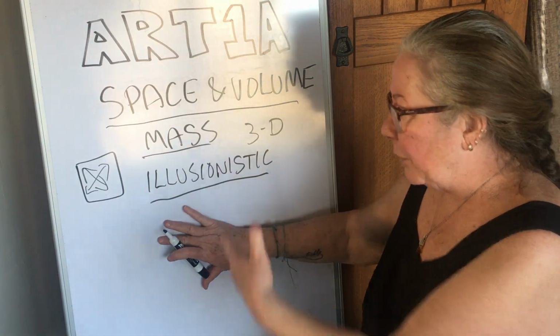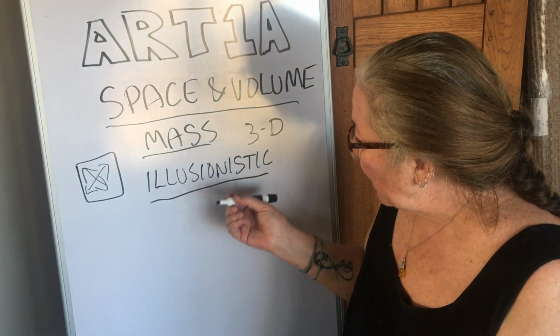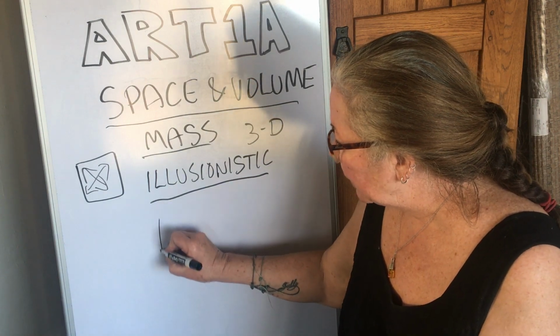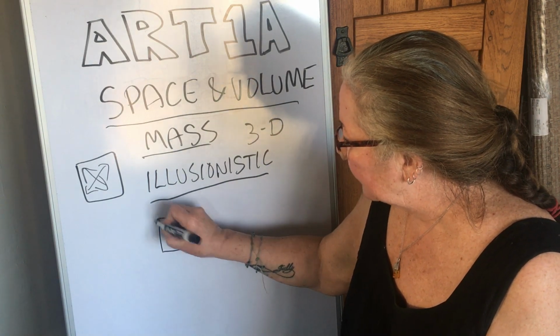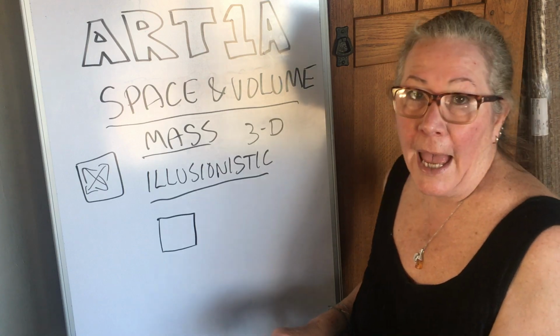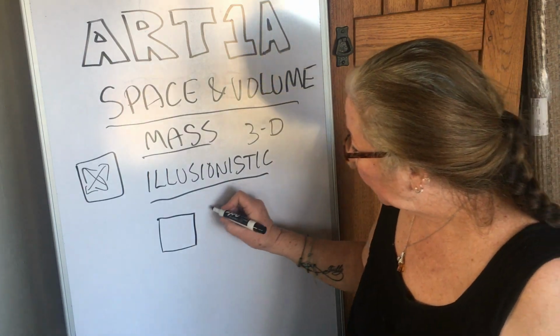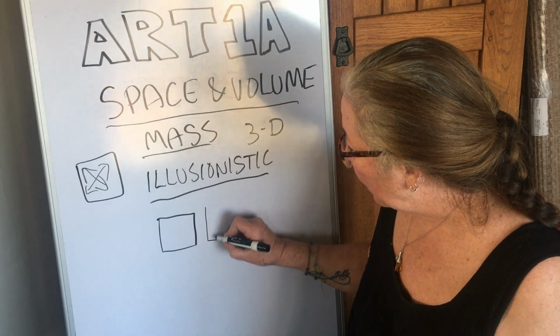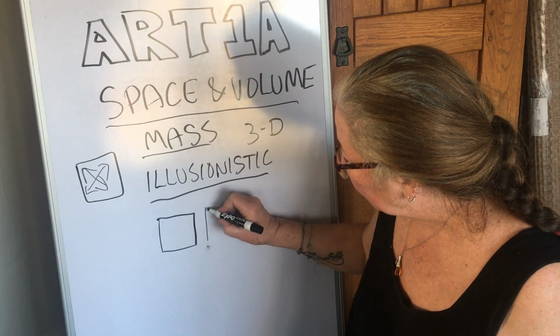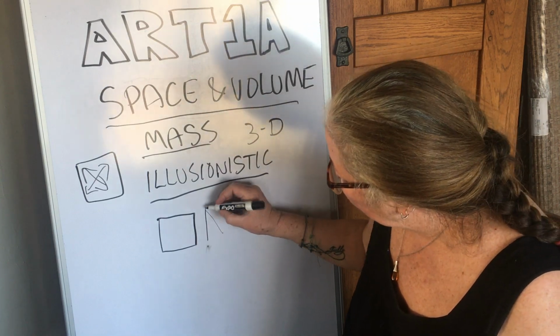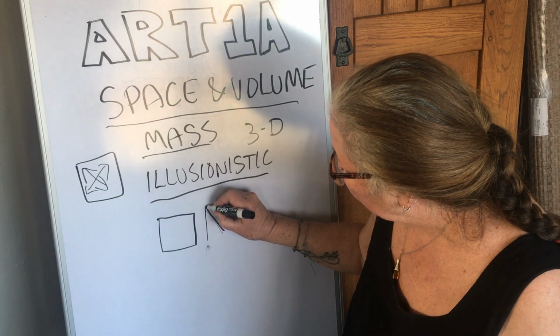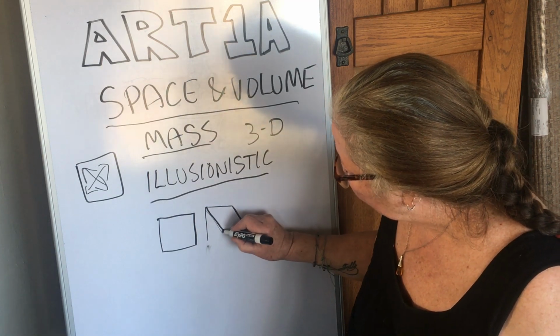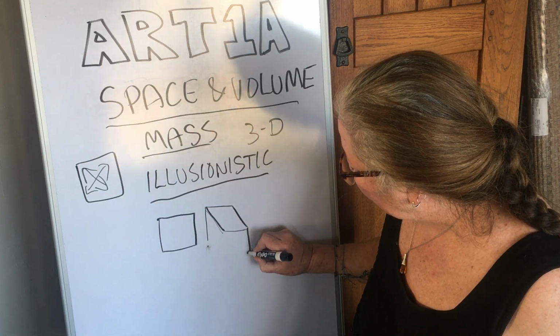Like I can't put my hand through it. But if I want something to look three-dimensional, if I just drew a square like this, right, it looks flat, right? But if I wanted it to look three-dimensional, I might use some tricks, some art tricks, right, to give it the illusion of existing in three dimensions.